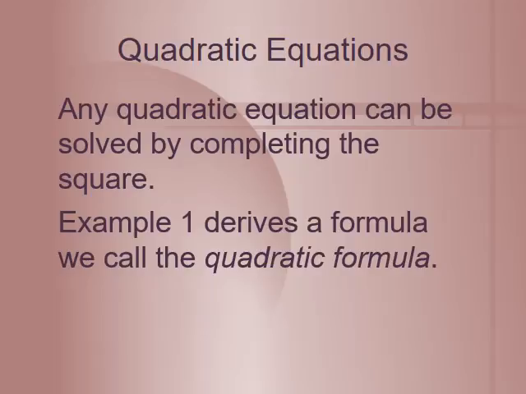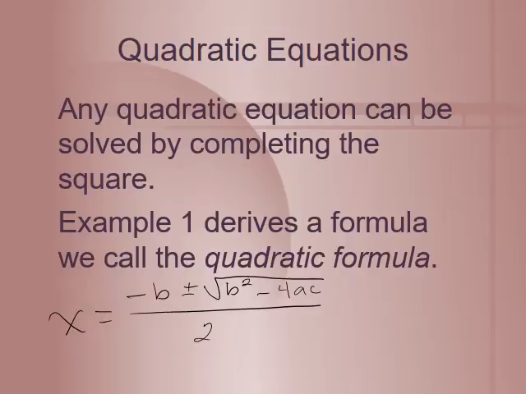But the quadratic formula goes like this: x equals negative b plus or minus the square root of b squared minus 4ac all over 2a. And you just plug in your a, b, and c numbers from your original problem.